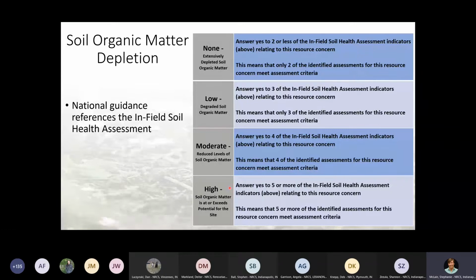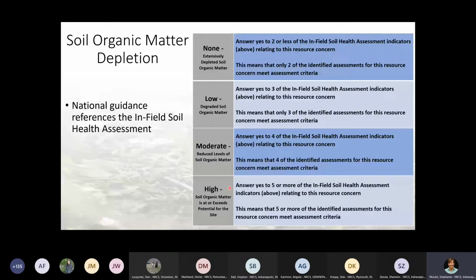So if you think about how we talked about evaluating resource concerns and doing the infield soil health assessment on Tuesday and Thursday, I talked about how that purpose was to look if there was a resource concern there or not, and you just had to answer no to 2.